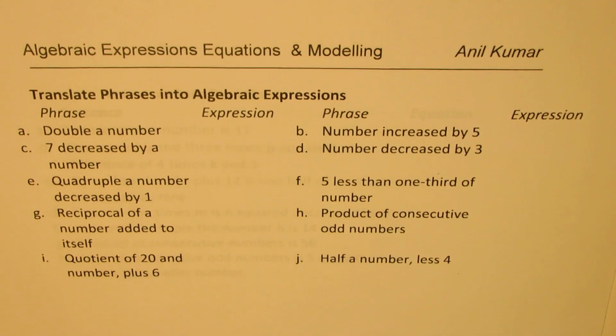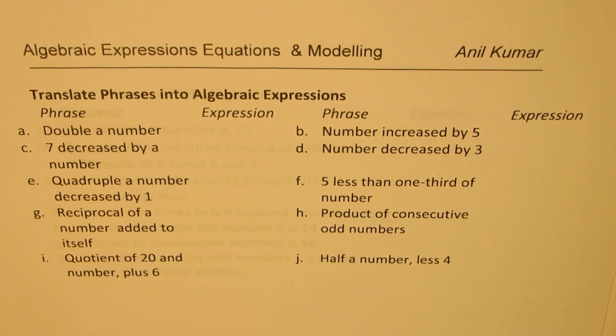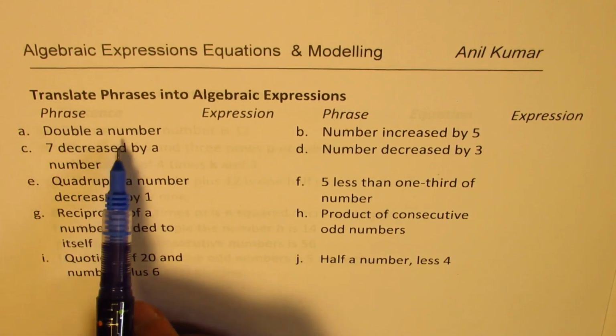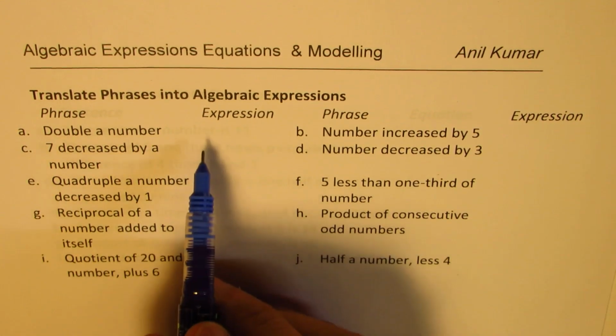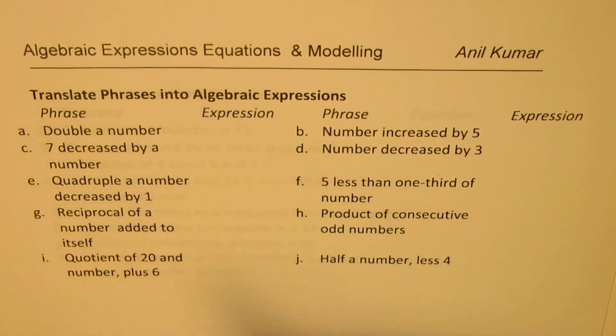So mathematical language is just like English, where the phrases will be translated into expressions and sentences, the complete sentences, into equations, right? So here are a few examples. We'll actually do these examples and then understand it better. For example, there's a phrase, double a number. That means, let me define, when we talk about algebra, we always work with some numbers or expressions or variables.